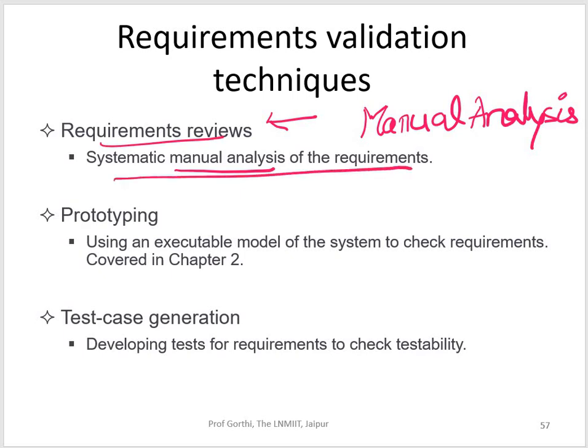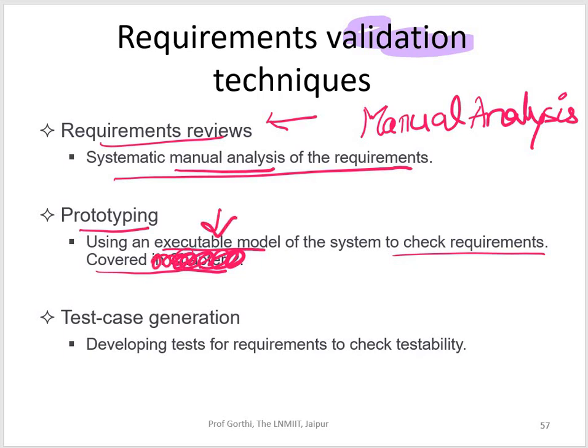So systematic manual analysis of the requirements is to be done. First of all, for anything to be verified, even software is tested manually, and later on test automation is done. So manual analysis is crucial.